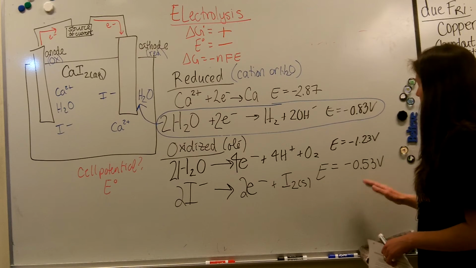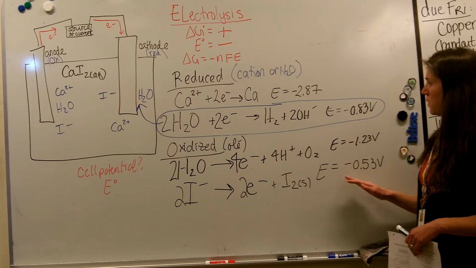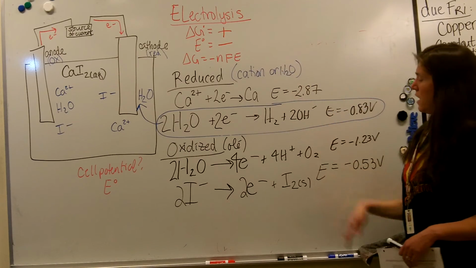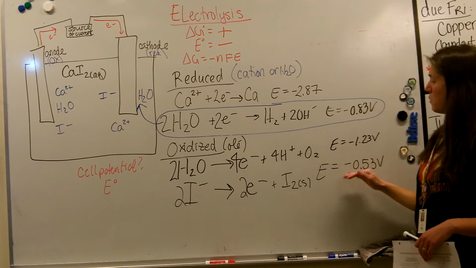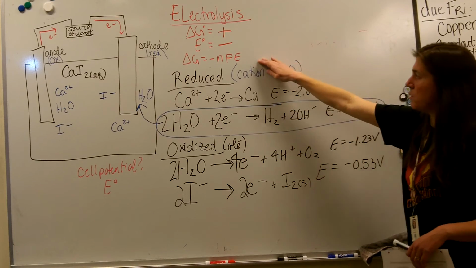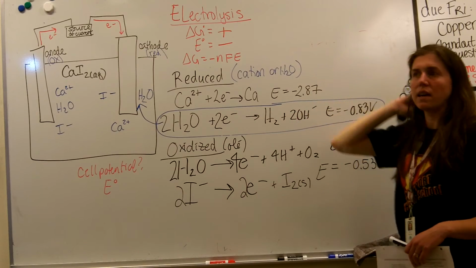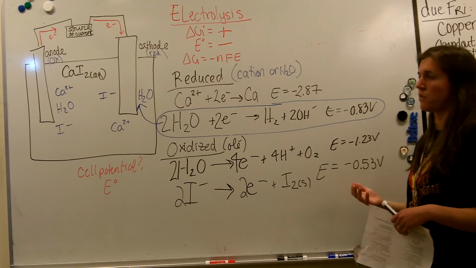And again, if you think about your relationship delta G equals negative nFE, the process that has the more positive E value will have a more negative delta G value, so it's more likely to occur. It's more energetically favorable.